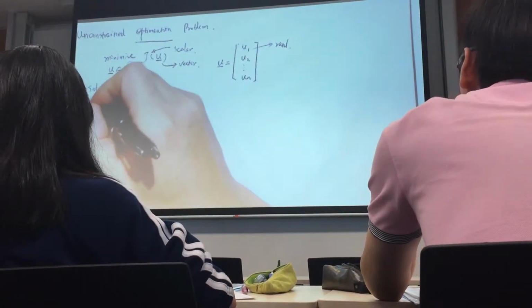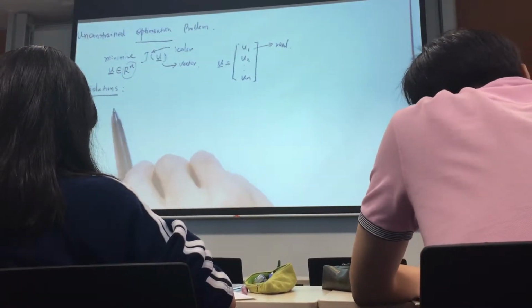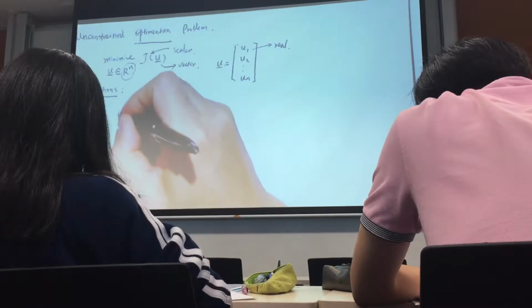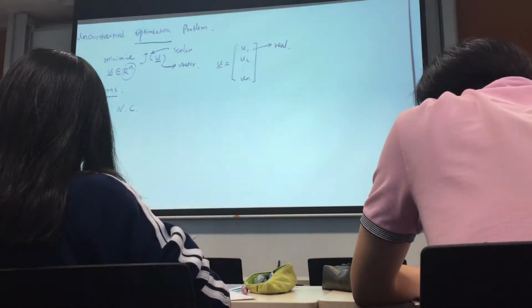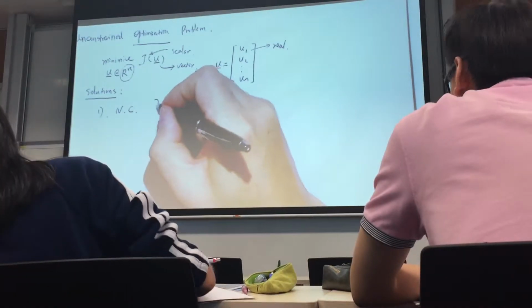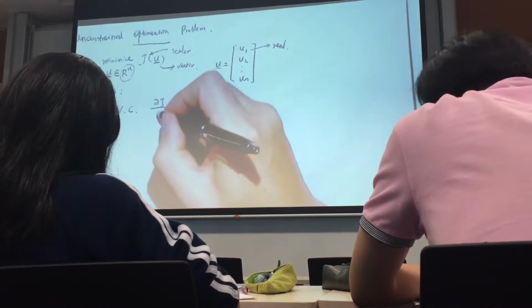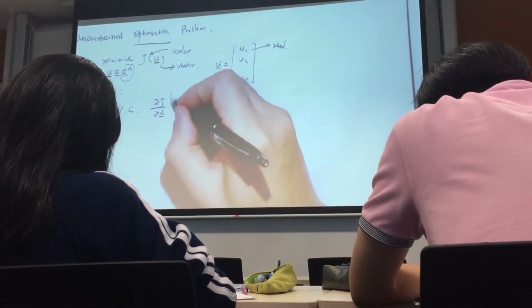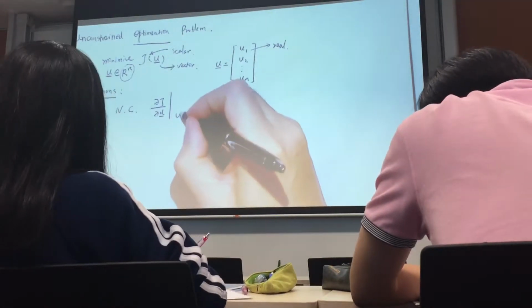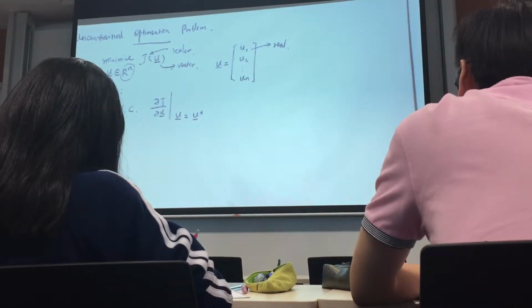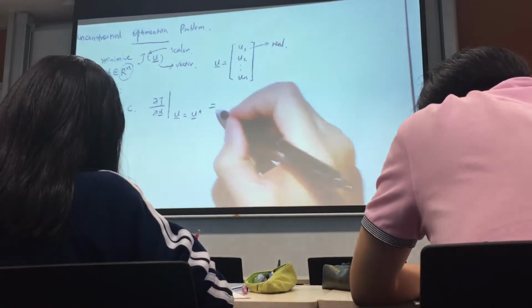The first one is the necessary condition. The necessary condition is to calculate this dJ/du and evaluate it at u equal to u star, and this equals 0.